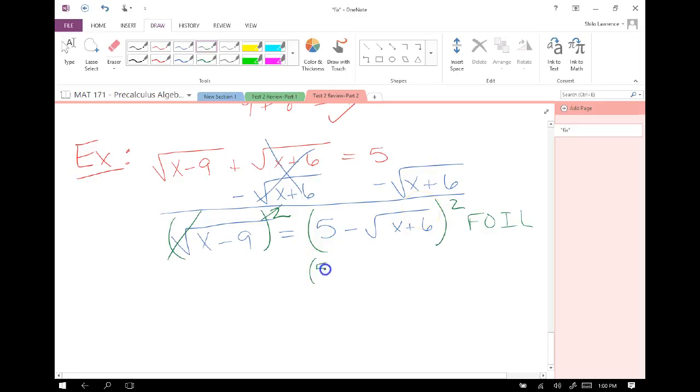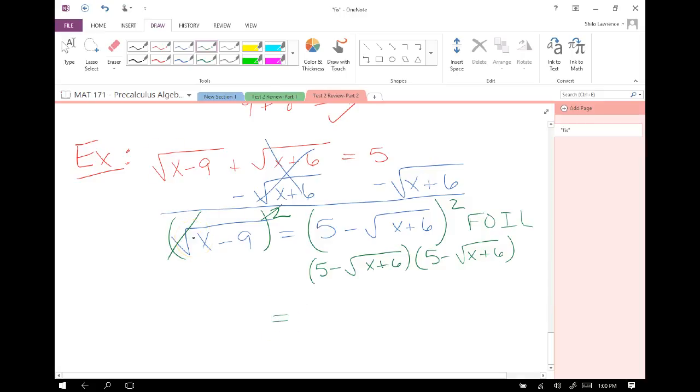So this is 5 minus the square root of x plus 6 times 5 minus the square root of x plus 6. And we're going to do firsts, outers, inners, and lasts. And remember, you cannot combine stuff outside of a square root with stuff inside of a square root. All you can do is write them next to each other. So this is what this turns into.